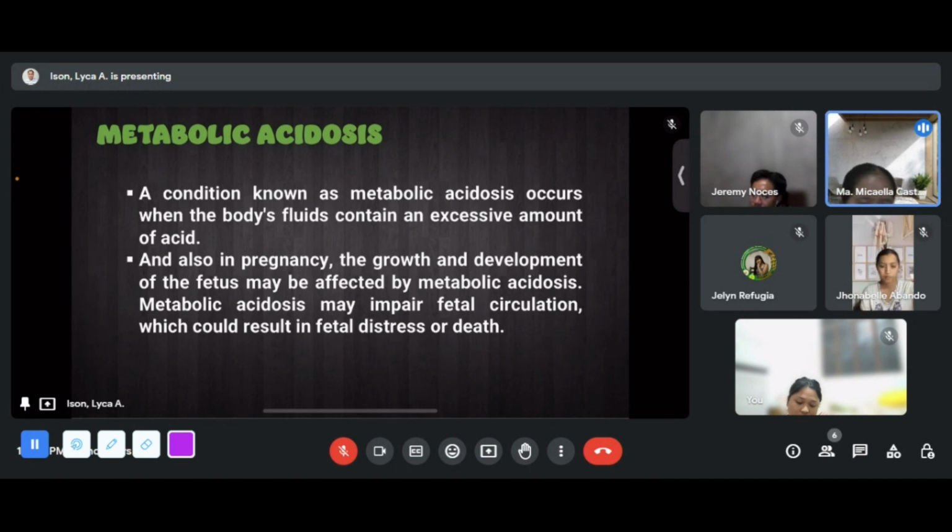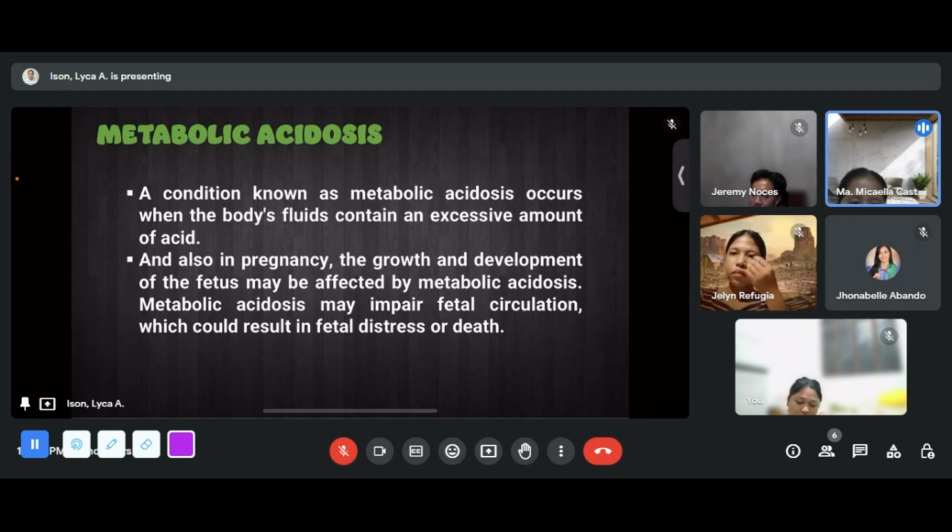Then, and also in pregnancy, the growth and development of the fetus may be affected by metabolic acidosis. Metabolic acidosis may impair fetal circulation, which could result in fetal distress.